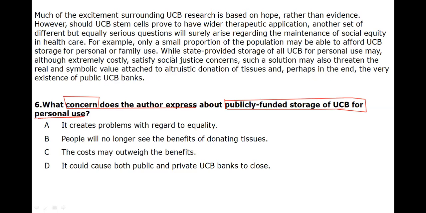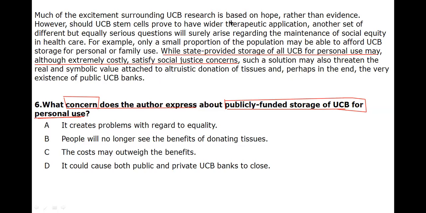And always remember the strategy that we have discussed. Whenever a sentence is used with while or although, that is not the major concern. The sentence that comes after the comma is. So for example, here, while state provided storage of all UCB for personal use may, although extremely costly, satisfy social justice concerns, this entire sentence is not a major concern.